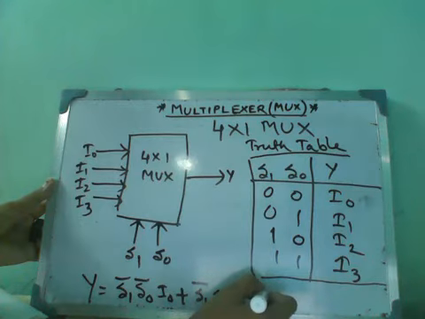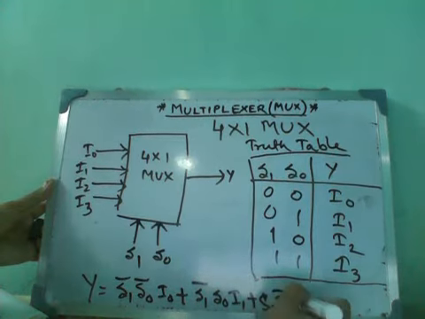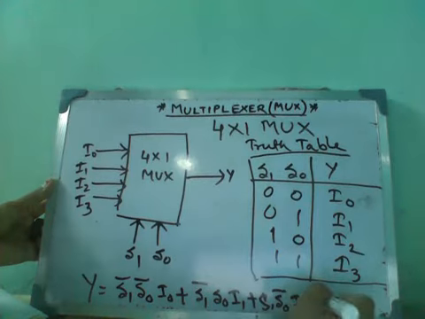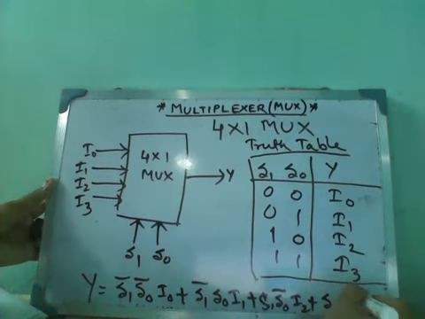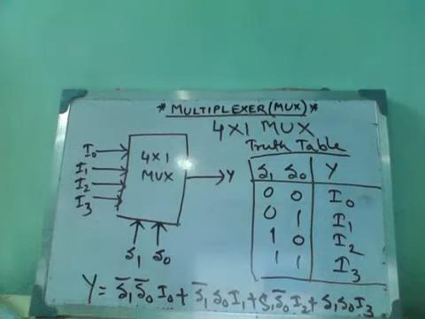Third combination is S1 and S0 bar, we get I2, and the last is S1 and S0 both true, we get I3. So that is the function.